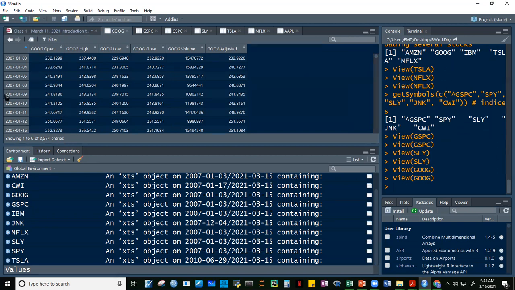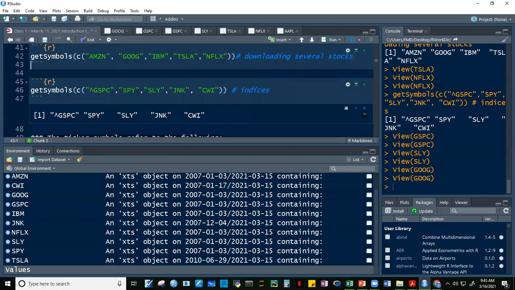And it will give us the open, high, low, close, volume, and adjusted prices ni Google. No? And you notice how these variables are named. Goog.Open, Goog.High. Okay, so very clear yung name niya para alam natin kung ano yung specific na column na yan.